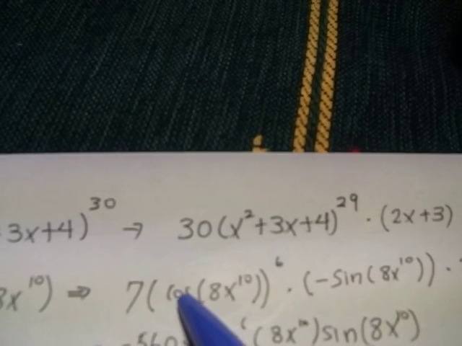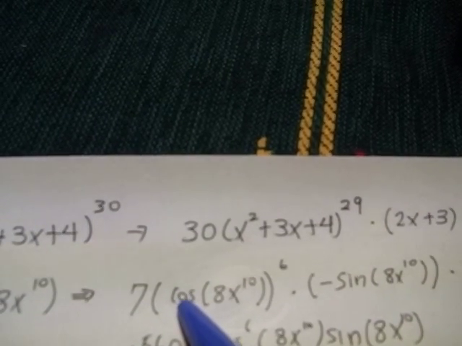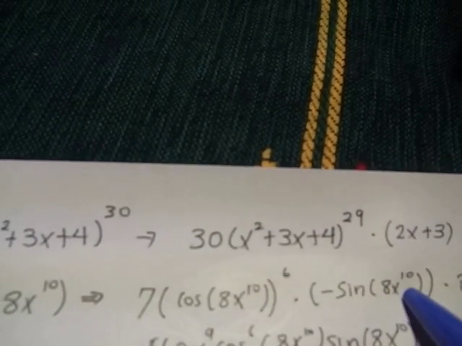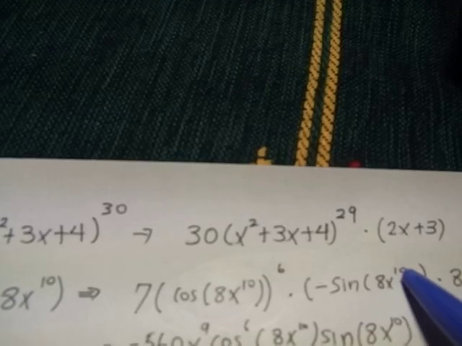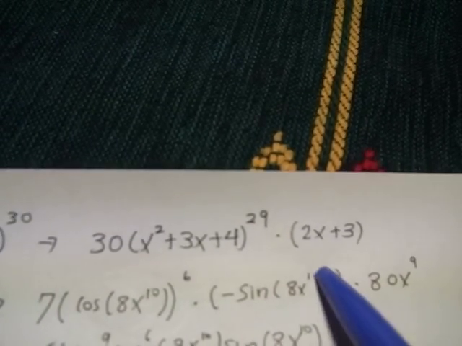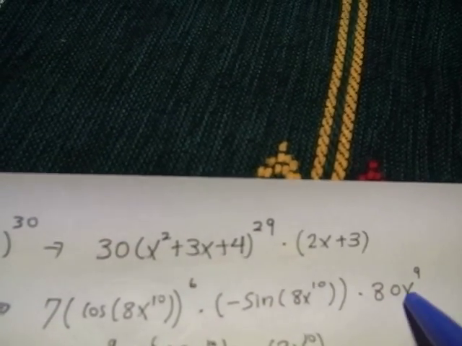The derivative of the outside function here, which is the cosine, will be negative sine, leaving the inner function here alone, 8x to the 10th power, times 80x to the 9th power, the derivative of the inside function.